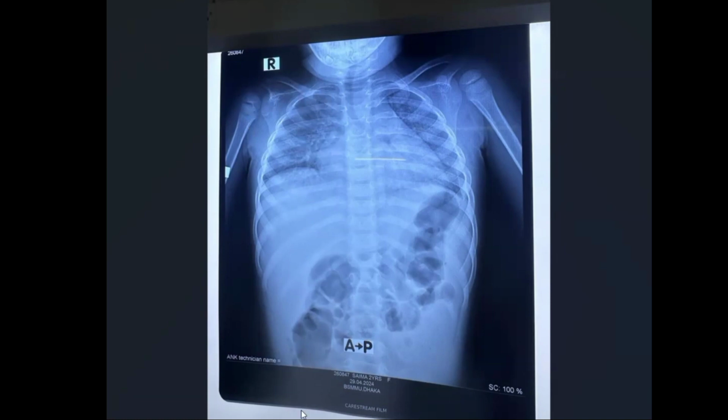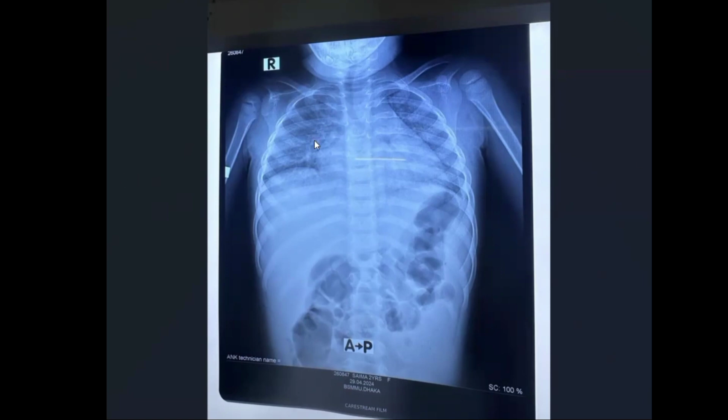Thus, if anterior posterior is not mentioned in the X-ray, then we will look at the clavicle, position of the acromioclavicular and sternoclavicular joint, and also the scapula. Then we can differentiate anterior posterior from posterior anterior view, right?